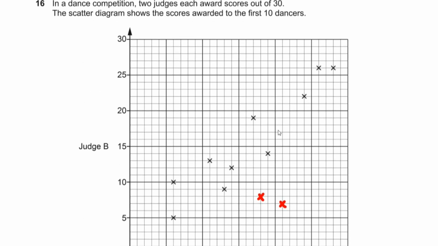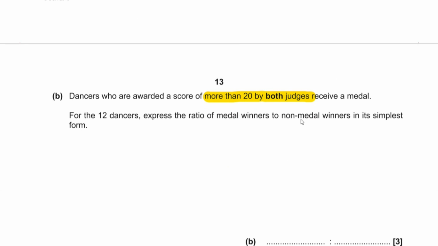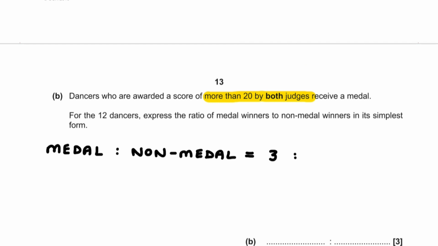Well, we've got 1, 2, 3. So we've got medal to non-medal, so we've got 3 who receive a medal out of 12, which means the number who do not receive a medal is 9. And if I simplify this, I get 1 to 3 as my ratio.